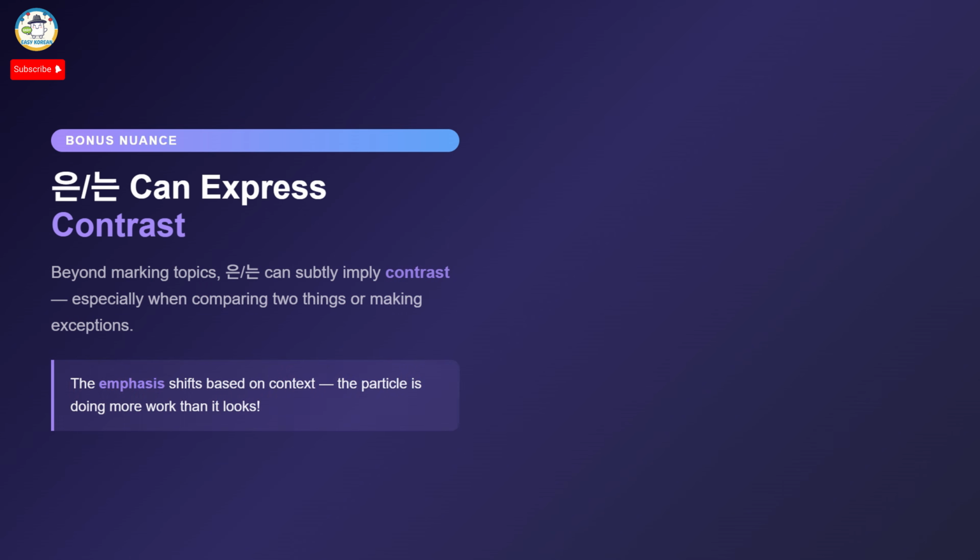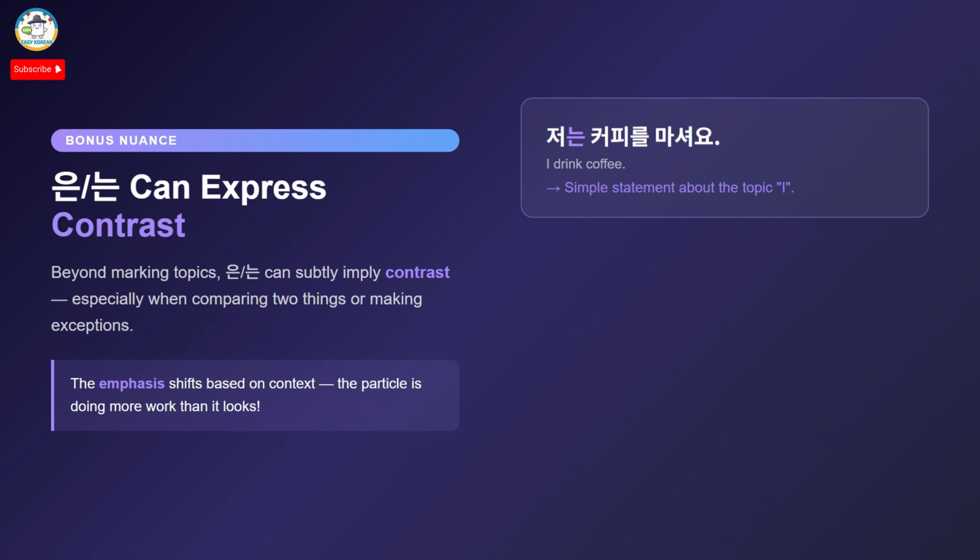Here's a bonus nuance that will set you apart from other beginners. Un and neun can also imply contrast. This is a feature of the Korean language that makes these particles incredibly expressive. When you say, 저는 커피를 마셔요, you're simply stating, I drink coffee. 저는 is marking 저, I, as the topic of this sentence.